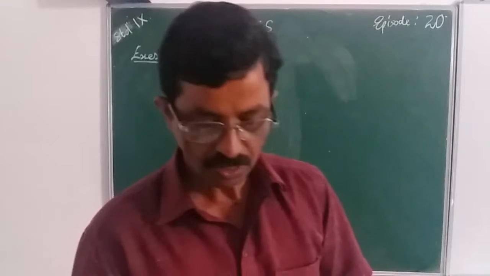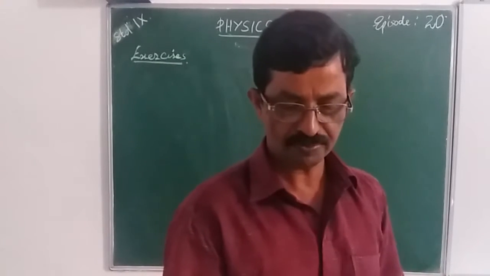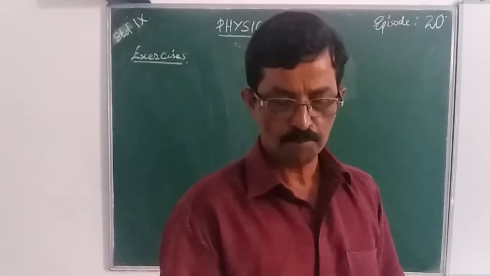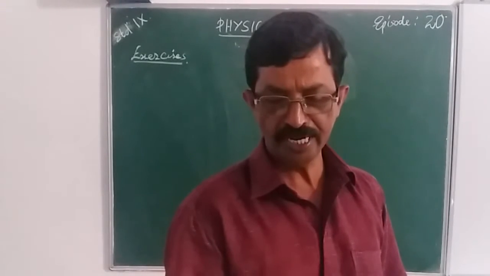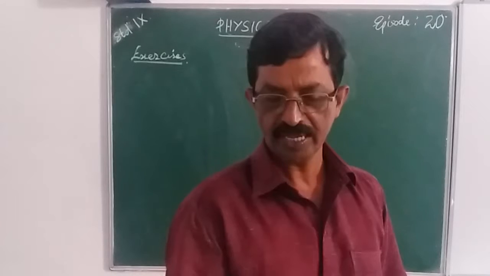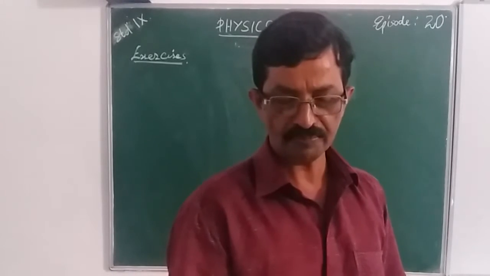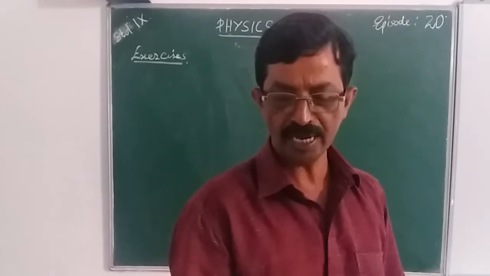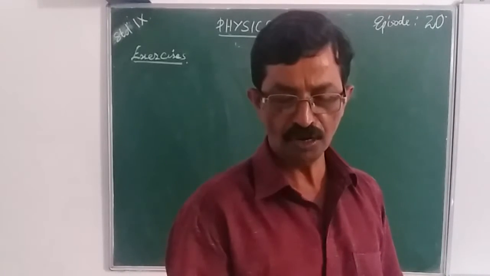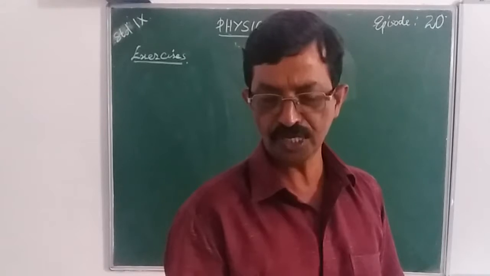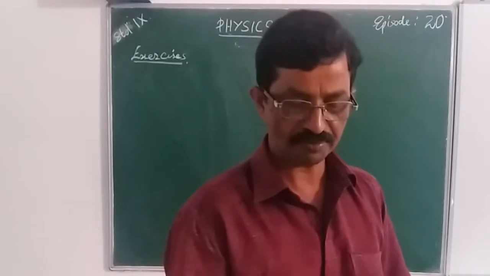Now see question number 5. A mass of 10 kg is at a point A on a table. It is moved to a point B. If the line joining A and B is horizontal, what is the work done on the object by the gravitational force? Explain your answer.